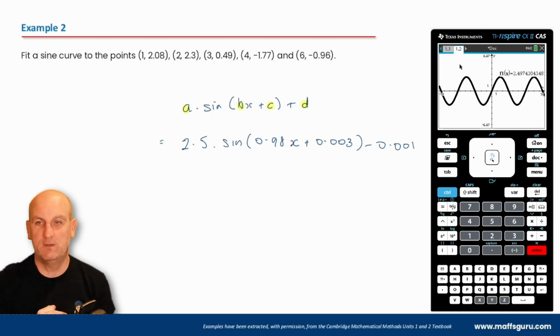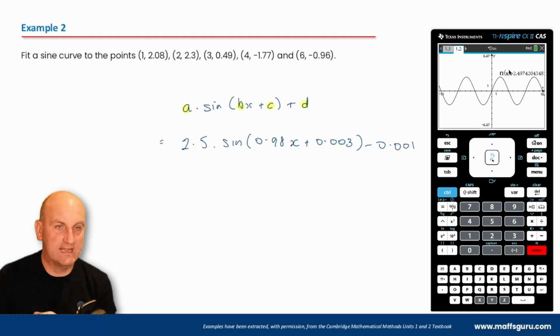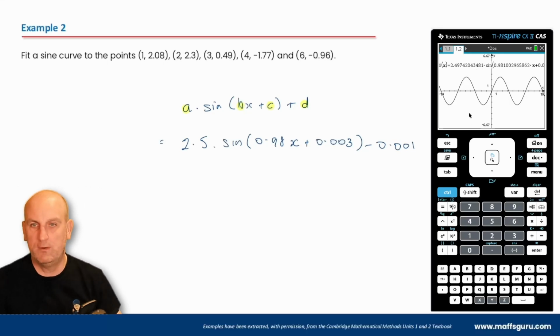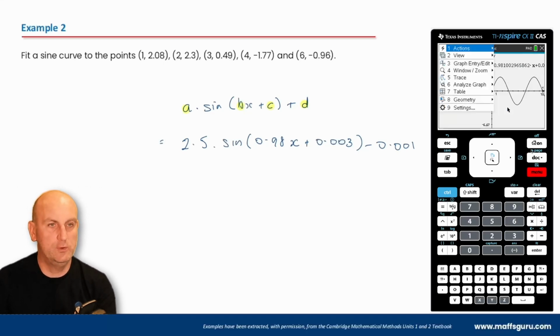There we go. That is my graph, and you'll notice it's actually done it with the proper values, 2.49 times the sine of 0.99. If I was to trace around here, I think I can probably put in 1. Does it let me do that? No. If I go Doc, no, try again, menu, trace, graph trace, yes, and you'll notice I've got an F1 down here.